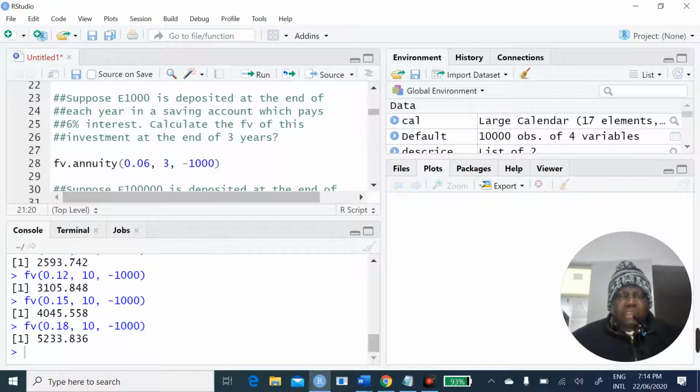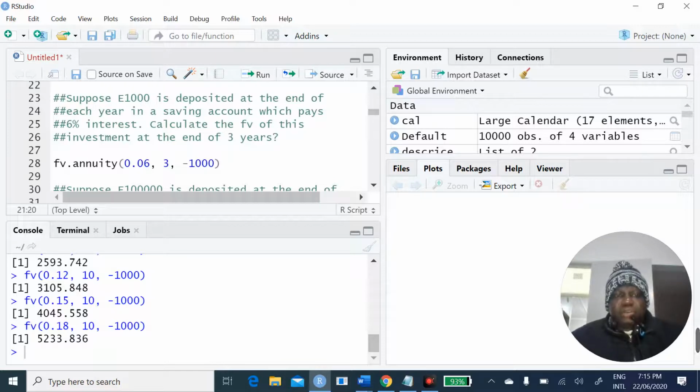Now let us look at the situation of annuity. Suppose 1,000 Emalangeni is deposited at the end of each year in a saving account which pays 6% interest. Calculate the future value of this investment at the end of 3 years.